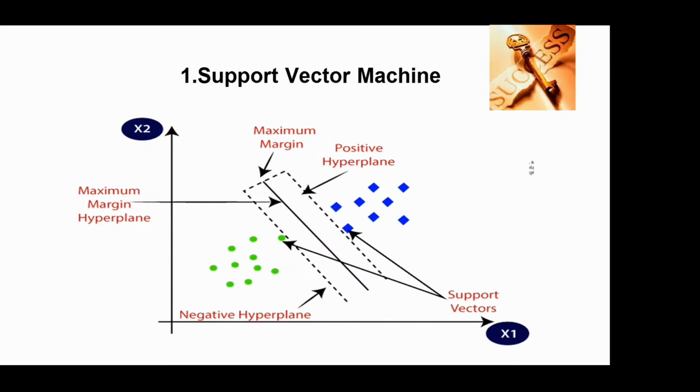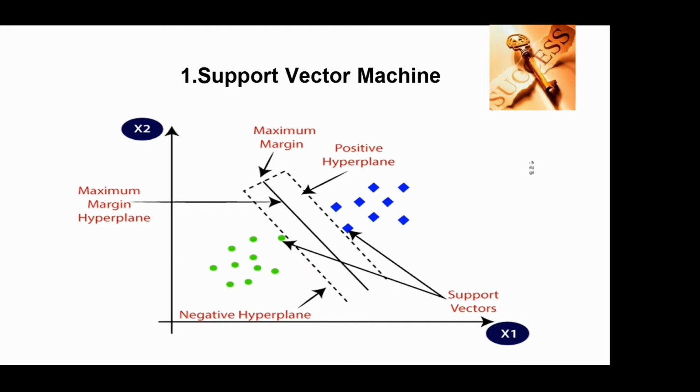So support vector machine is able to draw the boundary line between these two types of objects. It will maximize the marginal distance to the nearest points.